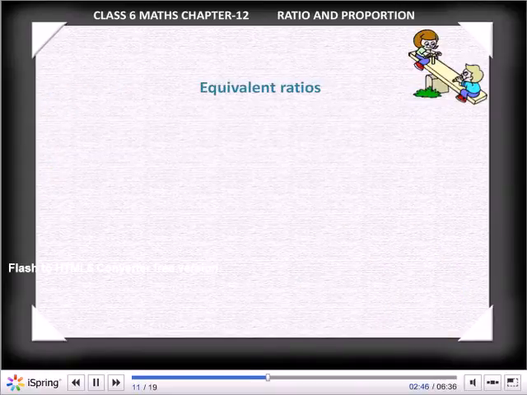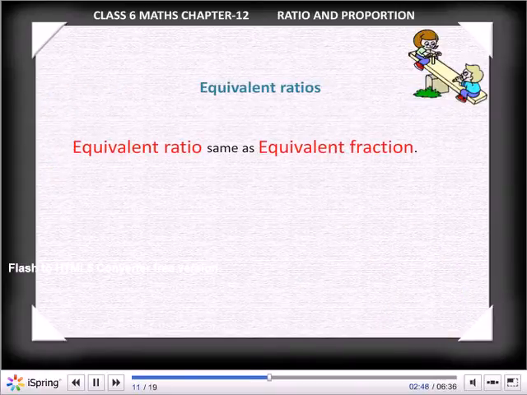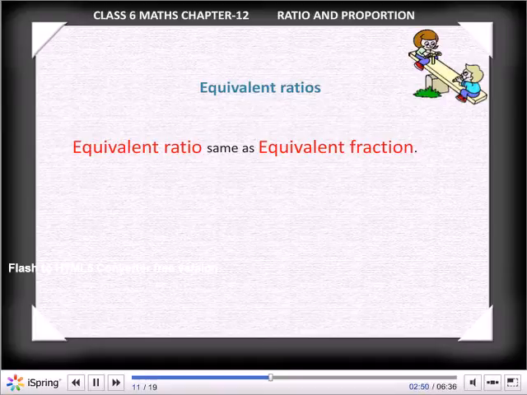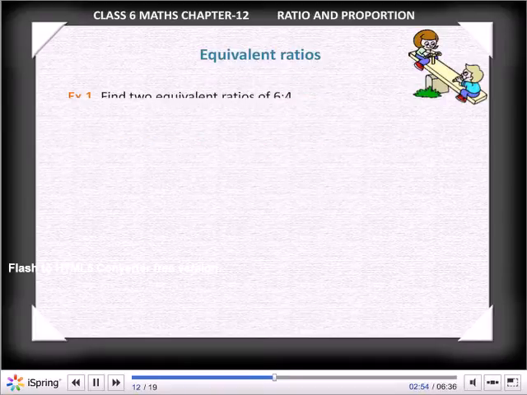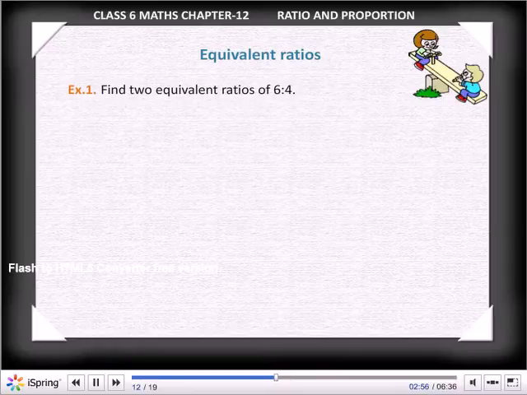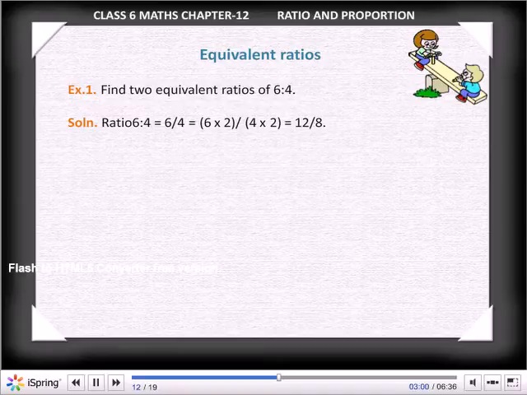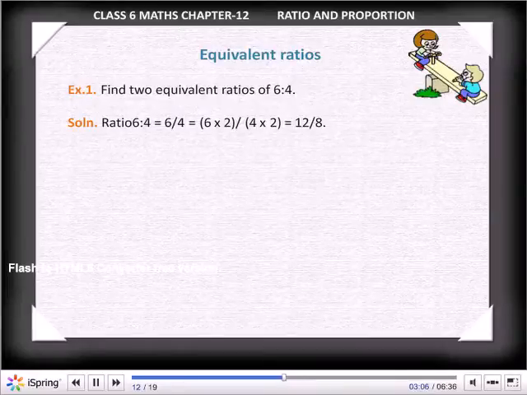Equivalent ratio. The concept of equivalent ratio is same as equivalent fraction. Let us take a few examples to understand this. Find two equivalent ratios of 6:4. Solution. Ratio 6:4 is equal to 6 by 4 equal to 6 into 2 by 4 into 2 is equal to 12 by 8.